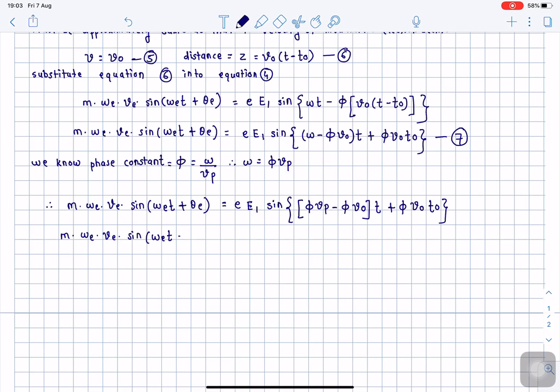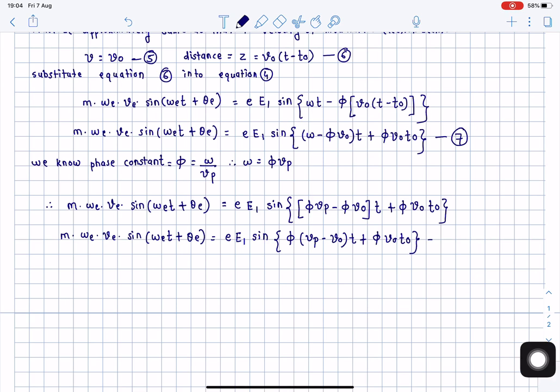Now on the right hand side, from the bracket term we can take out the phi term as a common. So sine into bracket, if we take out the phi term over here, inside of this bracket we are left with Vp minus V0 of t, right, plus phi of V0 into t0.